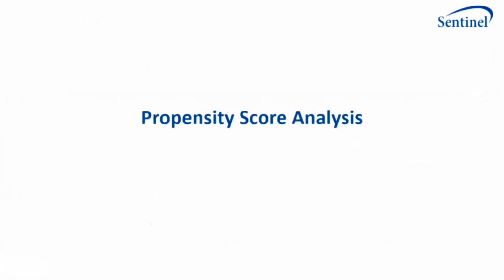What I'm now going to show you is some of the output from the propensity score analysis. So this is really not like propensity scores 101. I'm going to give a high-level overview, mostly from the perspective of how the tool works, and also the kind of data you're going to get back. In addition to the documentation on how the tool works on the Sentinel website, there are training materials.